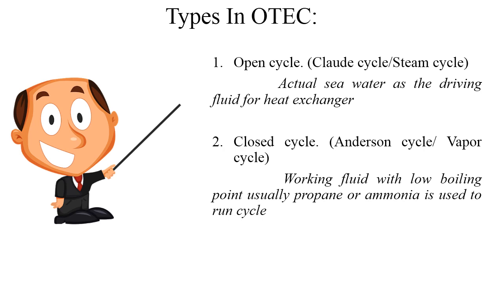Whereas in a closed cycle, a working fluid with a low boiling point, usually propane or ammonia, is used to run the cycle. Directly using seawater as the working fluid is called the open cycle. When we depend on another working fluid with a low boiling point to run the cycle, it is called the closed cycle. Let's move in detail.